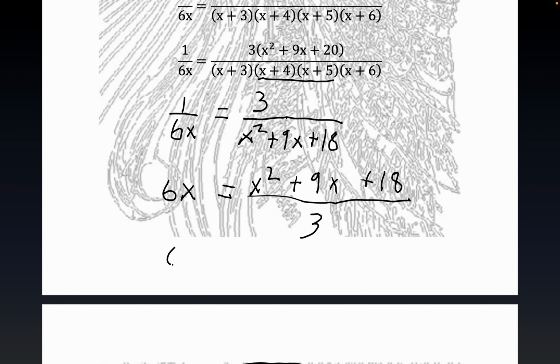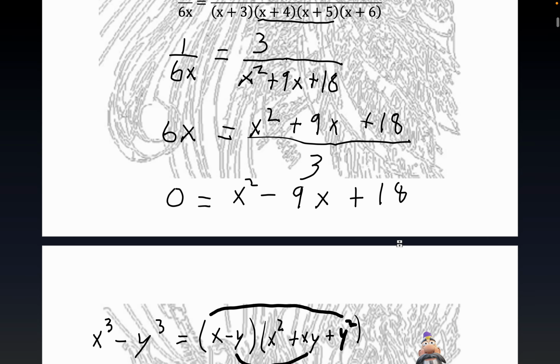When you take it away from this side over here, you'll end up with 0. Stay with me here, see if I'm making mistakes. 0 is equal to, so I'm going to go 3 times 6x is 18x, then take it away from the 9x. And so we get x squared minus 9x plus 18. Okay, folks? And of course, this appears to factor.